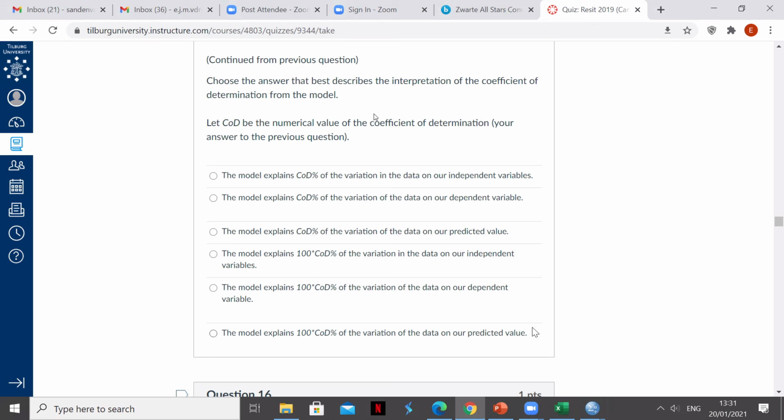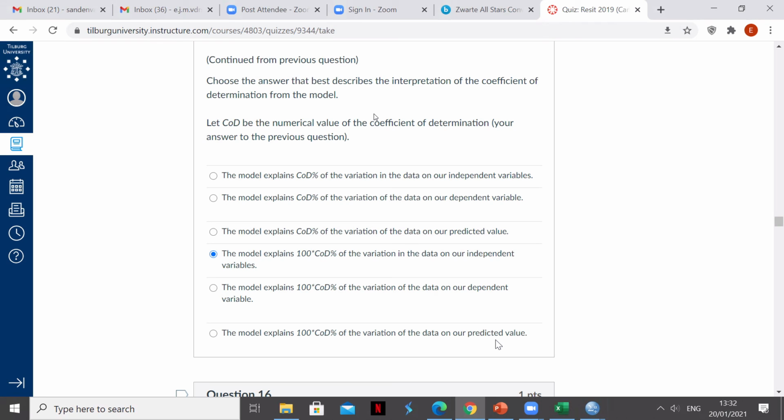Why is the predicted value wrong? It is wrong because the model explains the variation of the data of our actual variables and not of the predicted value. We never talked about this. Why would it explain? Our model doesn't explain a predicted value, right? Because we predict a value, it doesn't explain the predicted value.